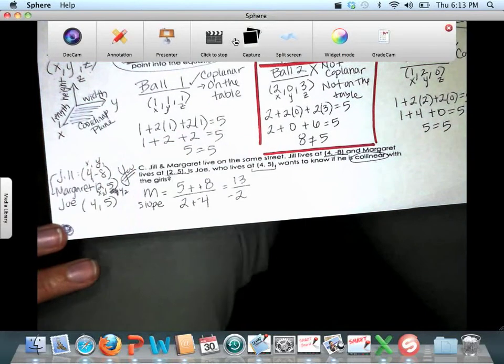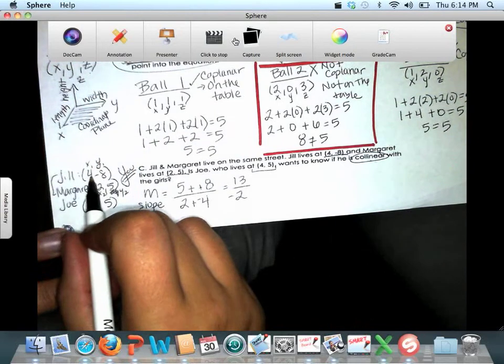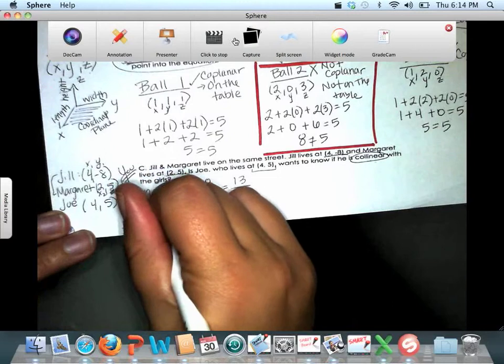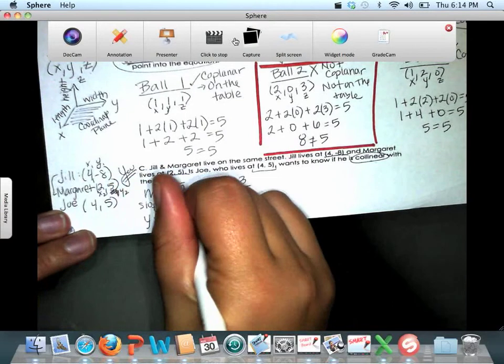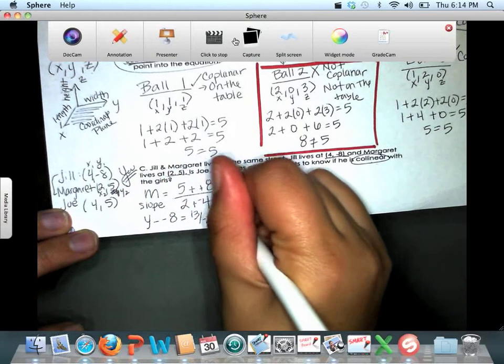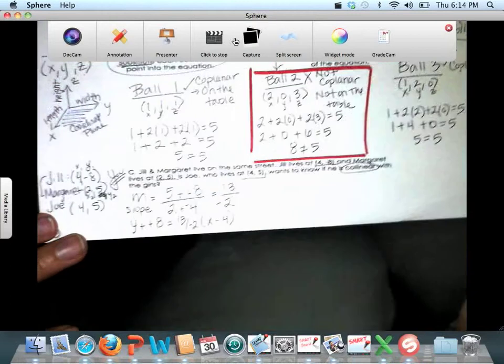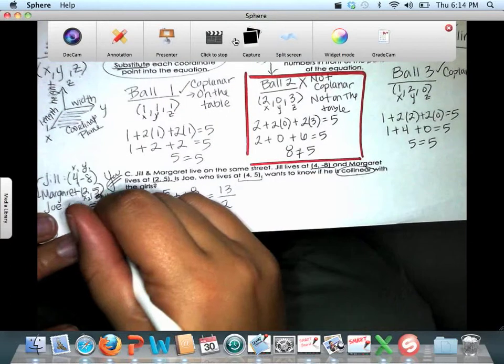Okay, now what I'm going to do is I'm going to plug it into my equation. I'm using Jill because she was my x1, y1. So y minus -8 equals my slope times x minus 4. Make this plus plus. Okay, so here's my equation.